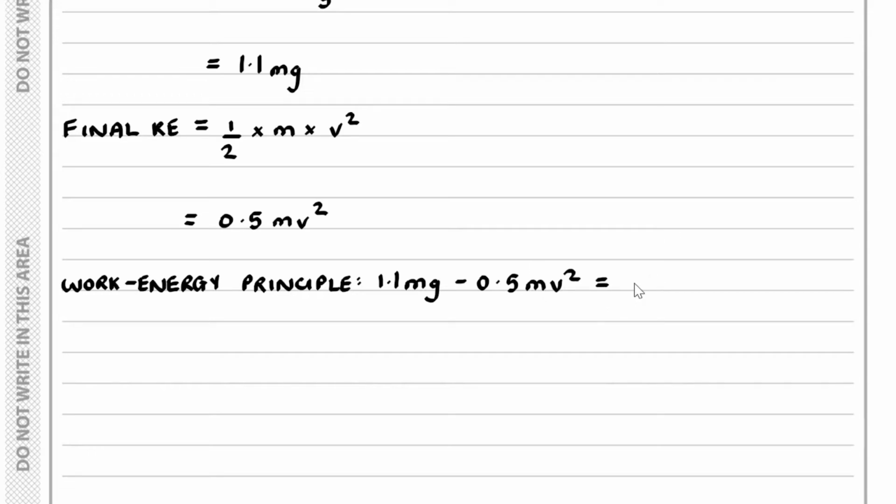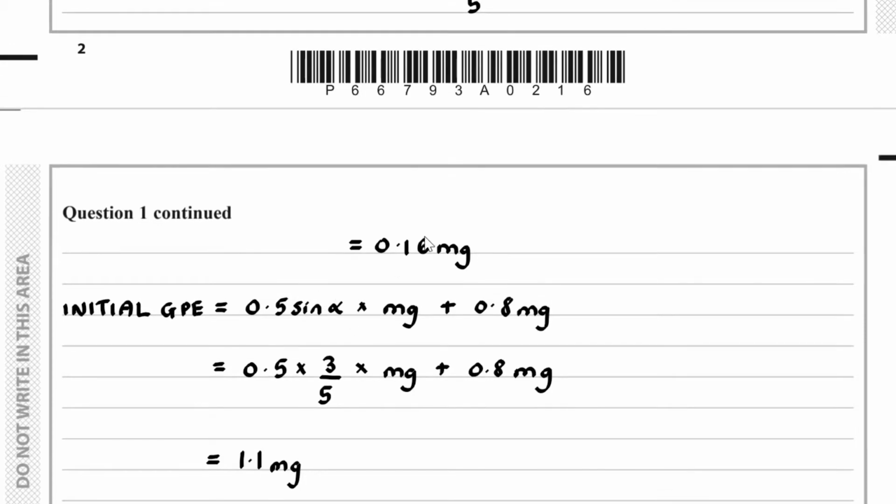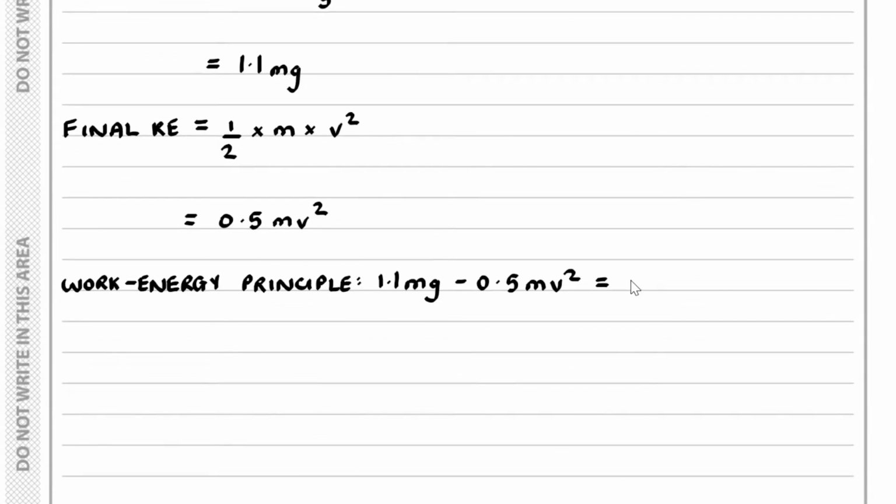This will equal the work done against friction, which is 0.16 mg. The m's would cancel out, so we have 1.1 g minus 0.5 v squared equals 0.16 g.